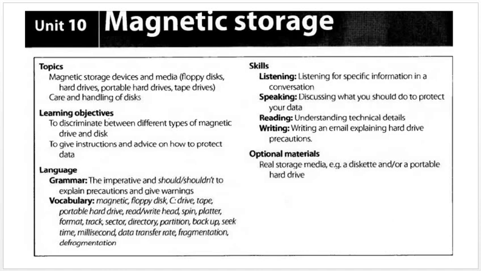In writing, an email explaining hard drive precautions. Optional material: real storage media, for example a diskette and/or a portable drive. These were the topics and learning objectives of this unit.